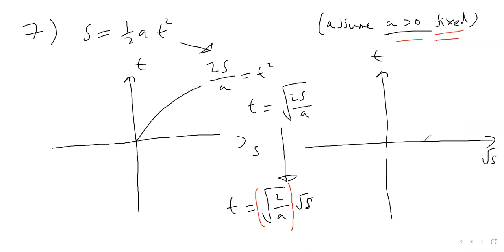And again, if we sketch t against root s, it's our straight line graph through the middle, and our gradient is going to be equal to this constant of proportionality, the root 2 over a. But if we've got a negative a value, if a was actually negative instead, it would just be the reflection over the x-axis. Sorry, let me just move this up here.